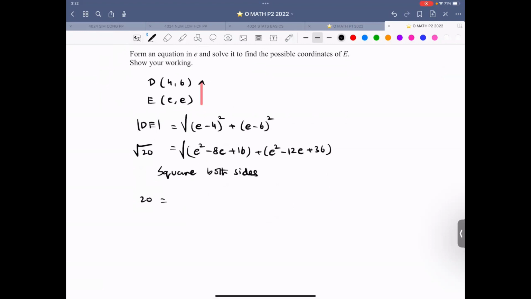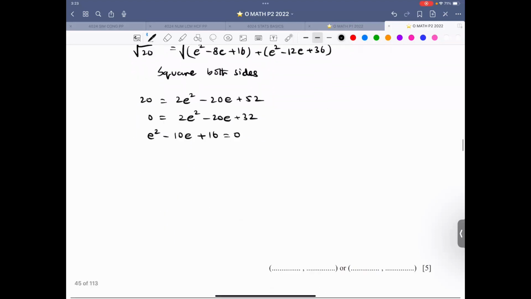So 20 equals 2e square, 8 and 12, that is negative 20e. 16 and 36, that's how much? That is 52. So 0 equals 2e square minus 20e, 52 minus 20, that is plus 32. e square minus 10e plus 16 equals 0.